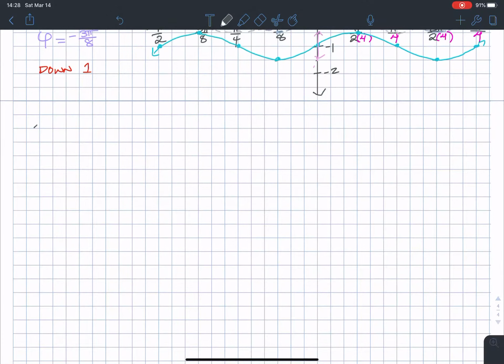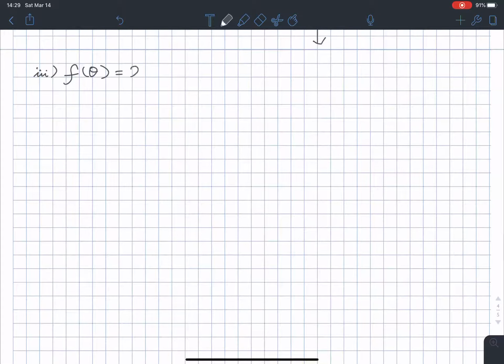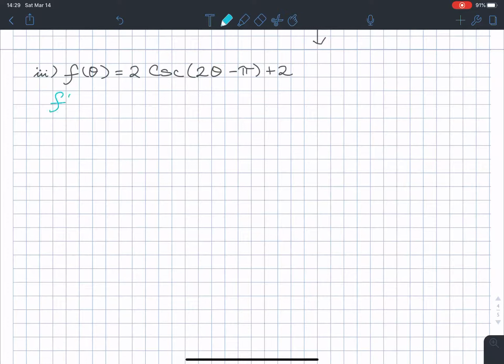So subscript number 3, let's plot the graph of f of theta is equal to 2 cosecant of the quantity 2 theta minus pi plus 2.